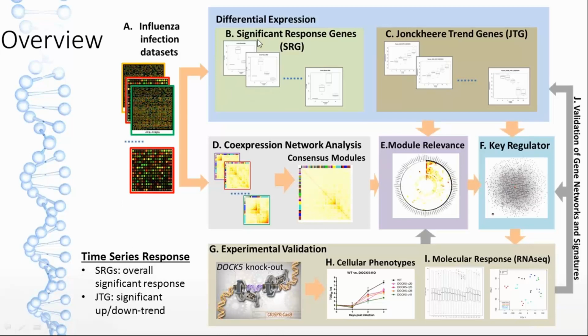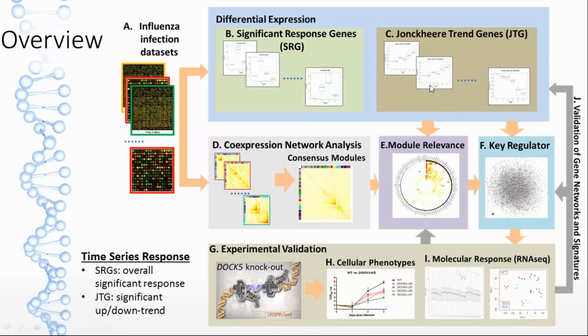What I call here significant response genes, SRGs, are the genes that are significantly responding through a time series. This could be an upregulation and then a downregulation afterwards, so it can be just a change of expression levels during time. We also want to be more specific, where we're looking at the trend, up or down regulation.